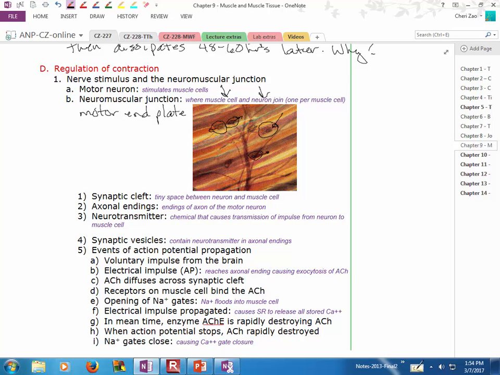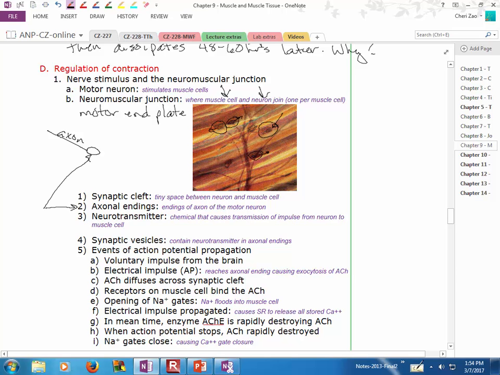It's an interesting component of structures here. I'm going to point out first the axonal endings. The axon of a motor neuron is coming into almost contact with a muscle cell. So I'm going to draw this guy here. This is my axon, and this is my axonal ending right here.